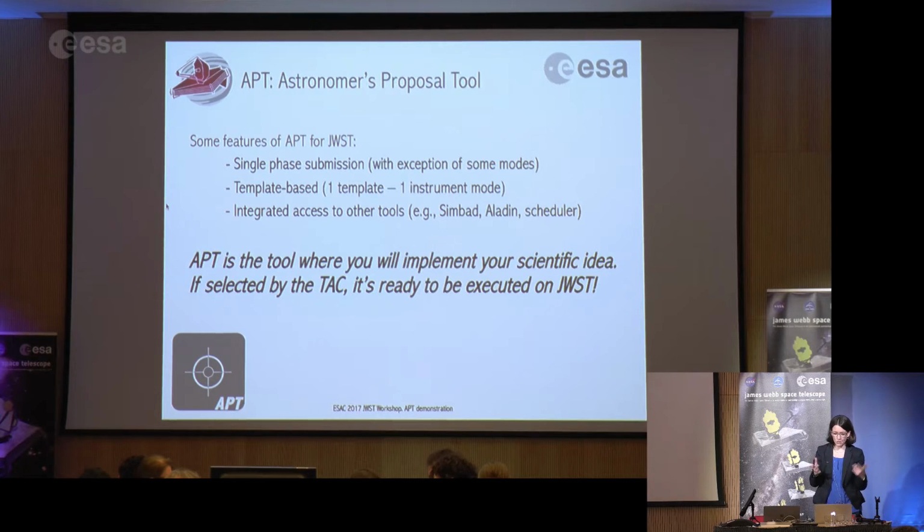For James Webb, we're talking about a single-phase submission, with the exception of a few modes. It is a template-based proposal tool, so basically we have one template per instrument mode. Within this tool, you also have integrated access to other tools, for example Simbad, Aladin, or the scheduler.